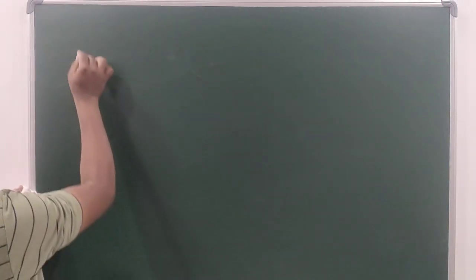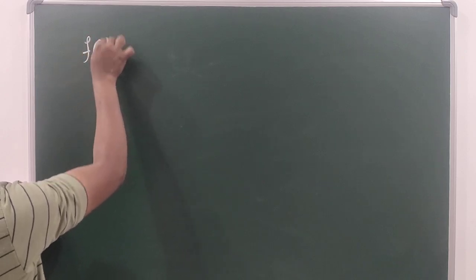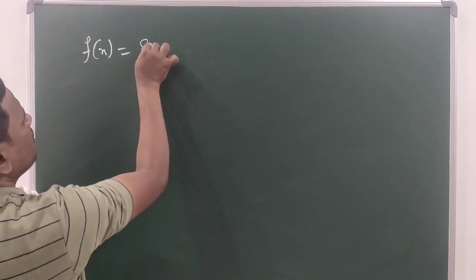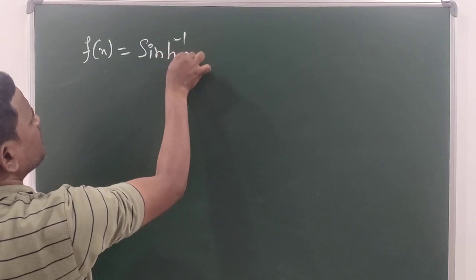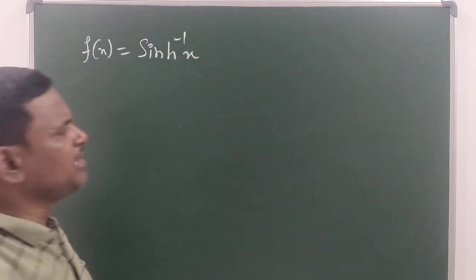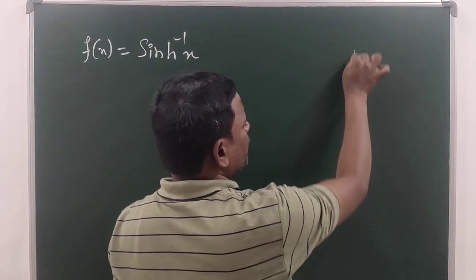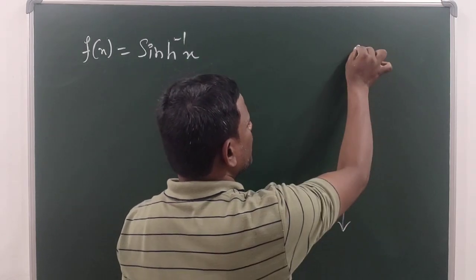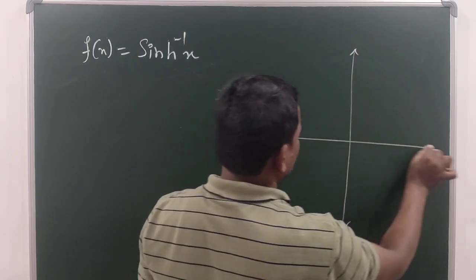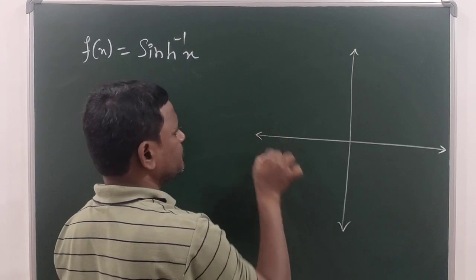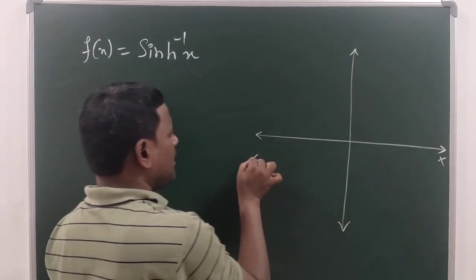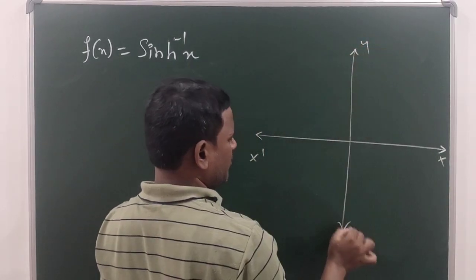Right. Now see students, f of x equal to, next what I am going to discuss with you, sinh inverse of x. If you observe the graph, how do you get its graph? See here, x, x dash, y, y dash.